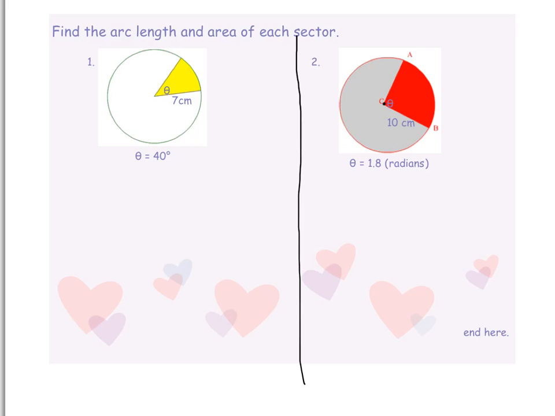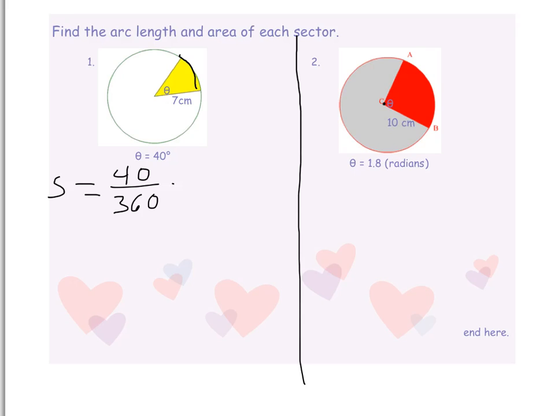Number one thing to notice here in the first example, theta's in degrees. Degrees, degrees, degrees. Okay? The formula states theta over 360. Now, if I think about the proportion, I have 1/9 of the circumference. 1/9. That's reducing 40 over 360.